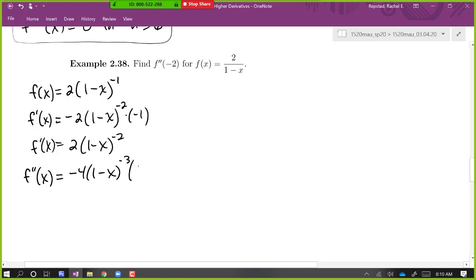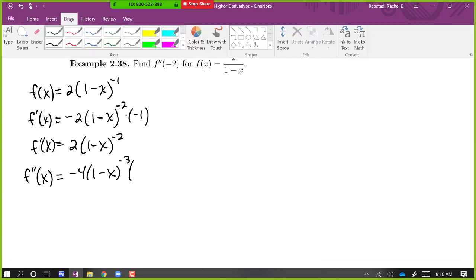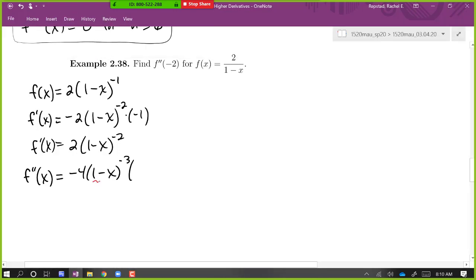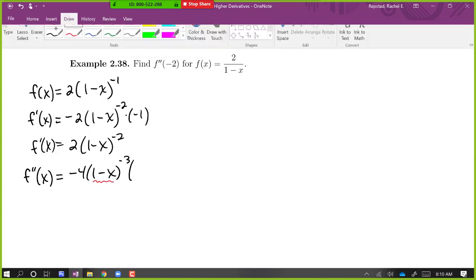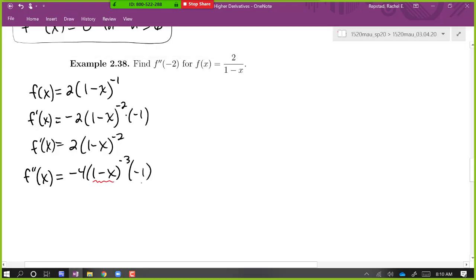Times what? I don't think it's a negative 2 that we're going to multiply by. Yeah, negative 1, because that's the derivative of the stuff inside. So we get a positive 4 times 1 minus x to the negative 3.